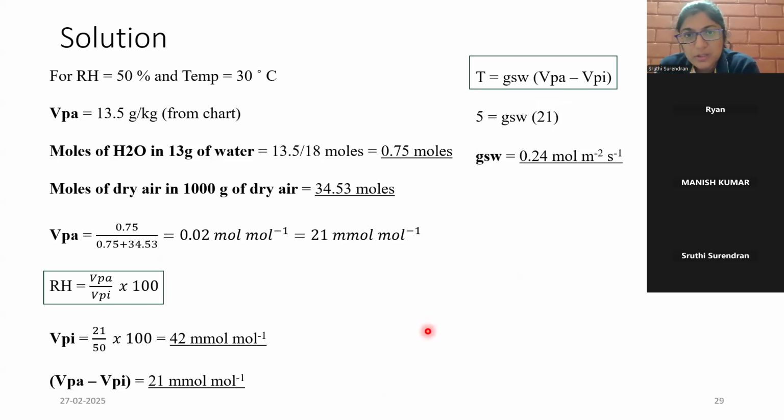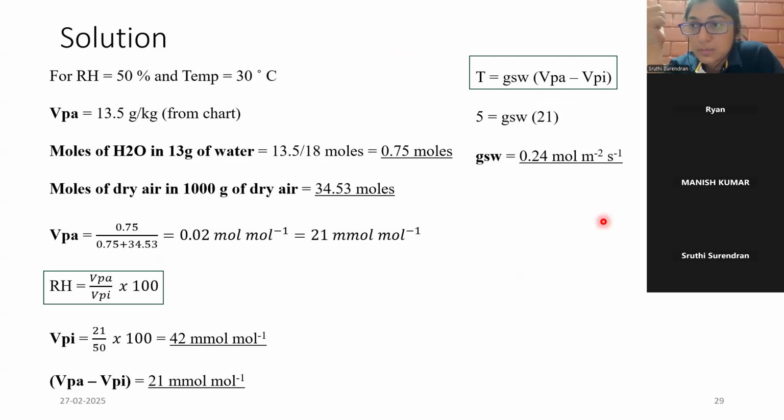Mine is 22.4 millimoles per meter square per second. Okay, it is supposed to be in the units of moles per meter square per second because I told you stomatal conductance will be in the units of moles per meter square per second. It is only then you can use it in the assimilation rate, because assimilation rate you're getting as micromoles per meter square per second.